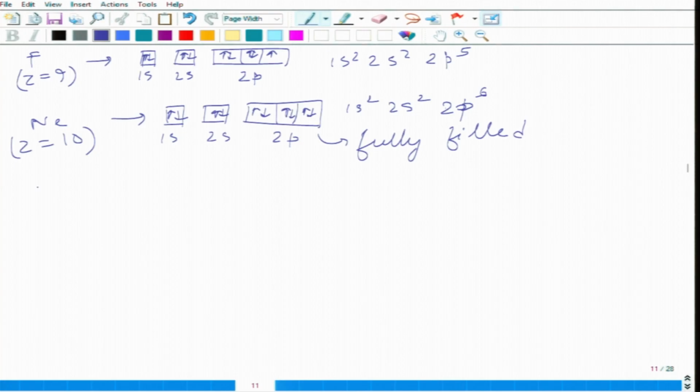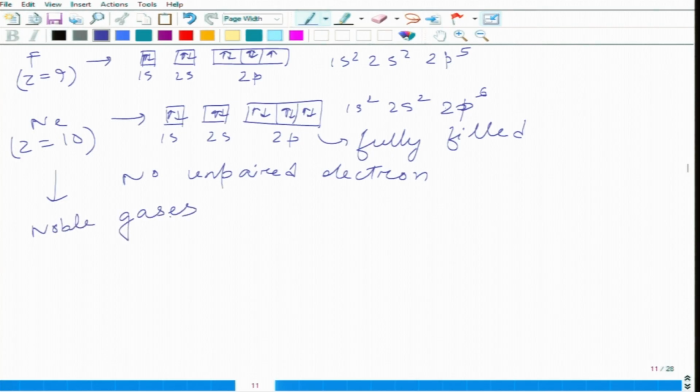Due to this reason, the elements which have all the orbitals completely filled, that is, there is no single electron, or better to say no unpaired electron, are called the noble gases. Neon is the first noble gas.